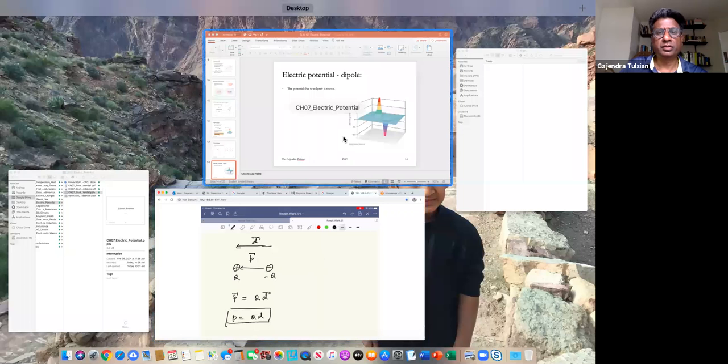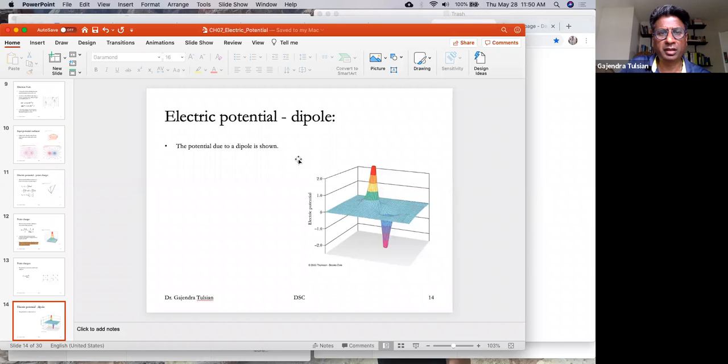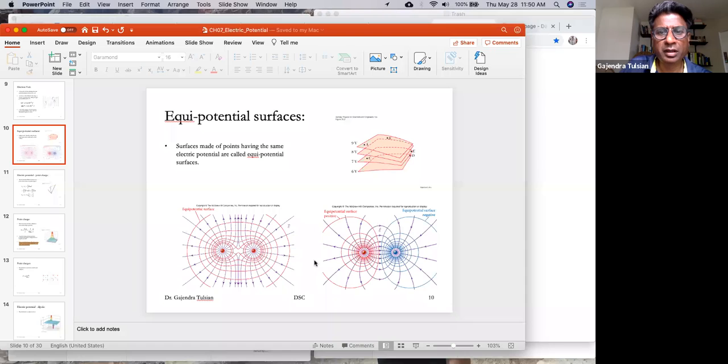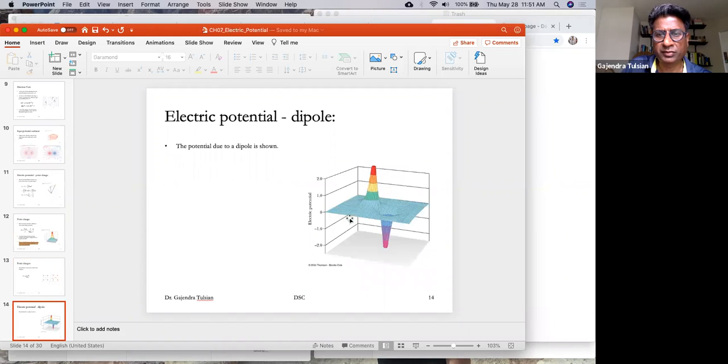All right, so there is the dipole, and the electric potential around the dipole is shown like that. The potential near a positive charge is positive, near a negative charge is negative. And what's shown here is this graph. Those potential curves are horizontal slices of this graph.